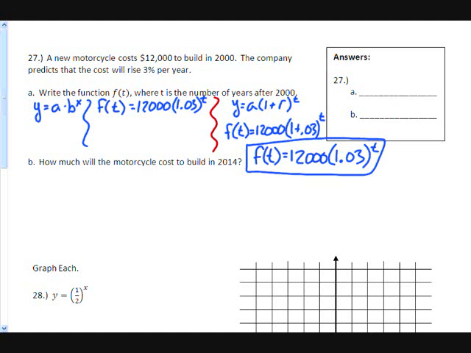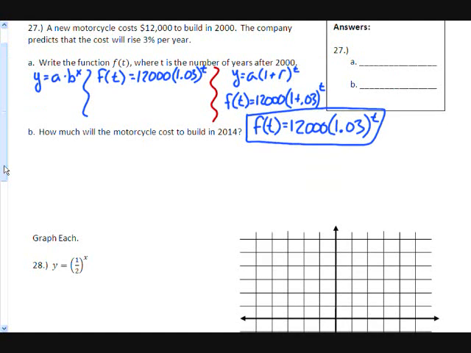Okay? And then part B asks us how much the motorcycle will cost to build in 2014. Well, if I have the equation f of t equals 12,000 times 1.03 raised to the t, I just have to figure out what I'm going to plug in for t. Remember, this is the number of years past 2000, so t is going to be 14 this time because my initial amount started in 2000, so I'm going to plug a 14 in.